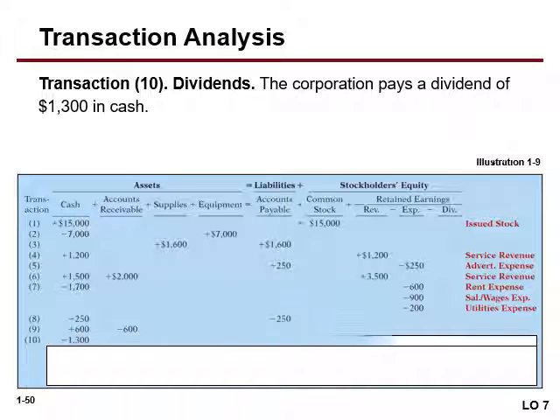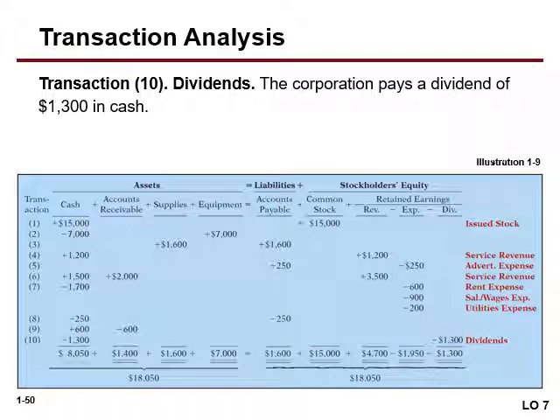Dividends. The corporation pays a dividend of 1,300. As we mentioned before, dividends are not an expense, but dividends decrease stockholders' equity. I paid dividends in cash, so cash decreased by 1,300, and at the same time dividends decrease stockholders' equity by 1,300.